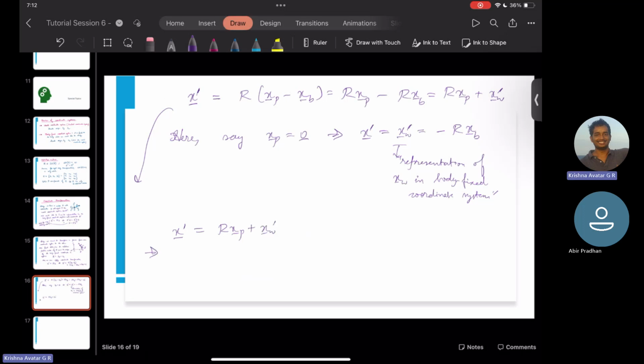This implies that XP is equal to R transpose (X prime minus XW prime).